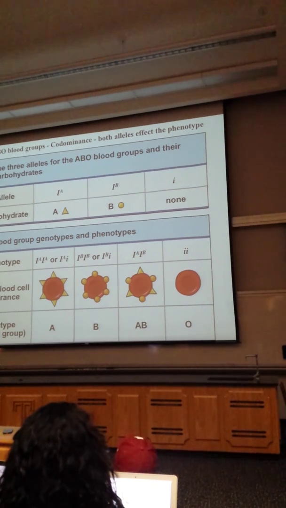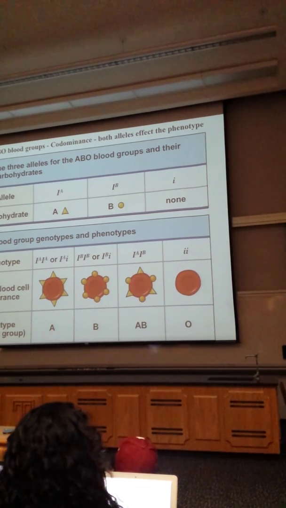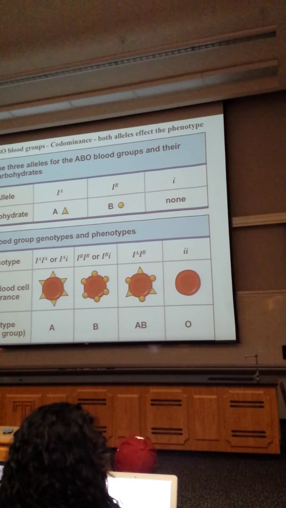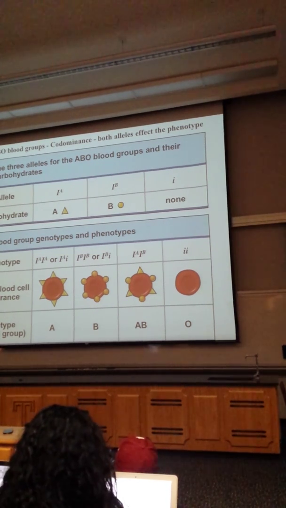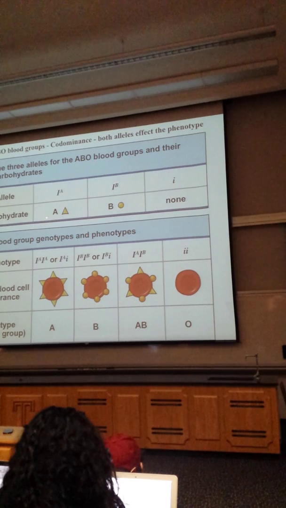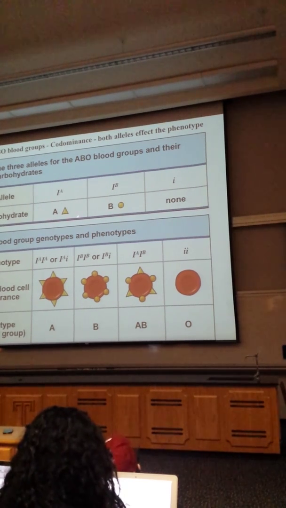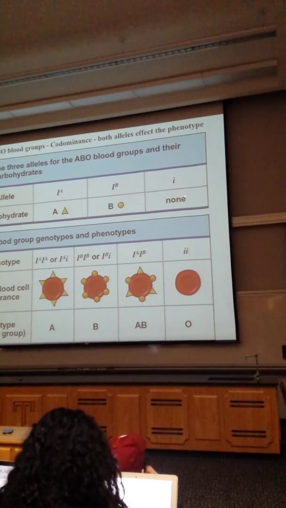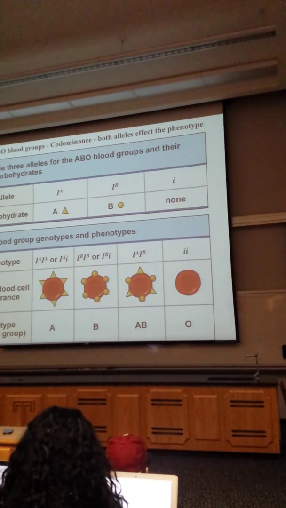Okay, the question is, is this an antigen or an antibody? It's an antigen. It's called an antigen, and that's because if you transfuse an individual with A-type blood into an O-type blood person, what's going to happen?